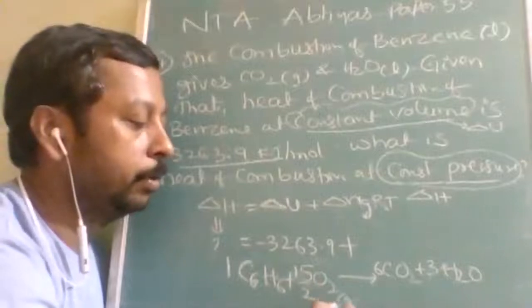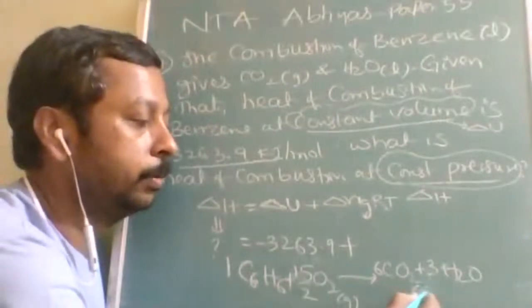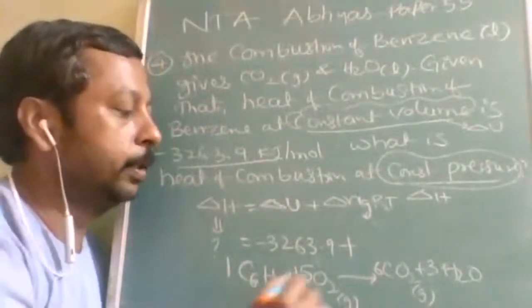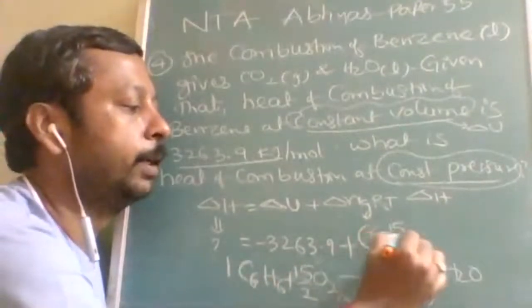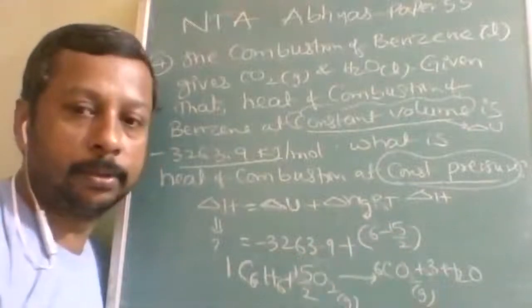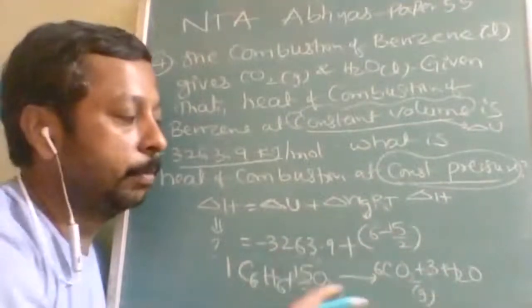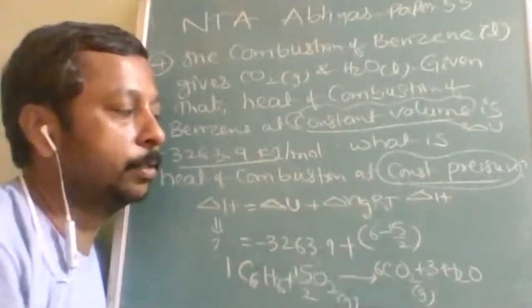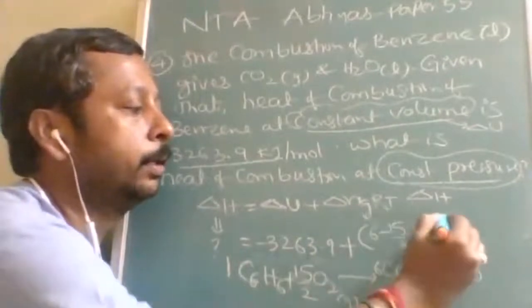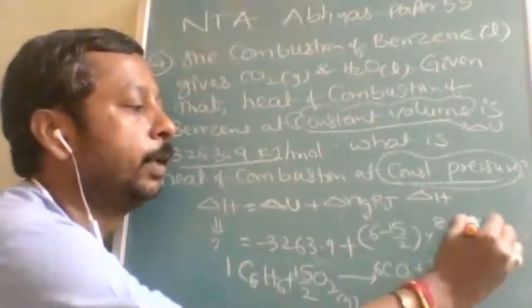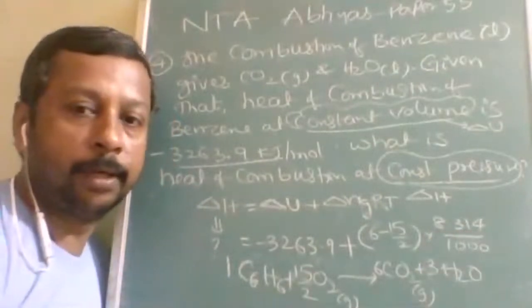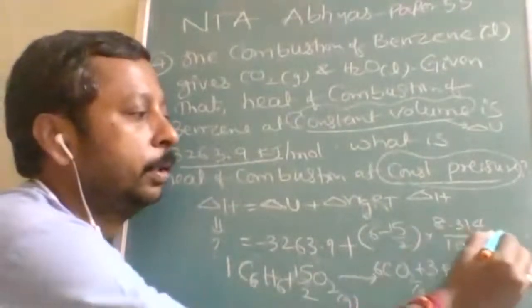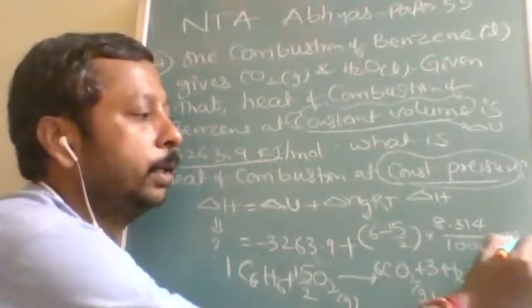We need to count only the gaseous moles, so delta Ng is 6 minus 15 by 2. How did I get this? Is it understood? Delta Ng is product minus reactant, only gaseous moles. And here, if you take 8.314, this will be in joules, so divide by 1000, multiplied by temperature 298.